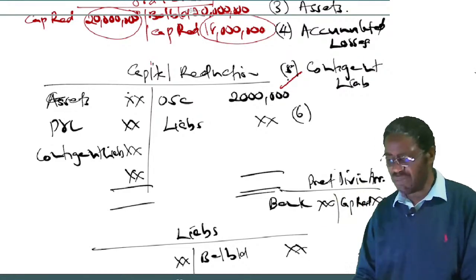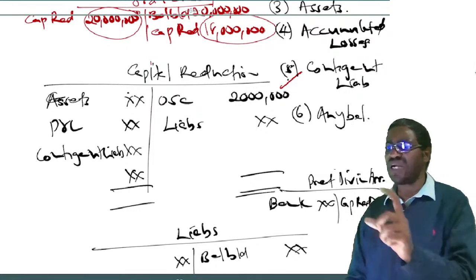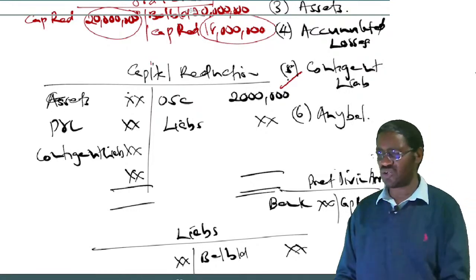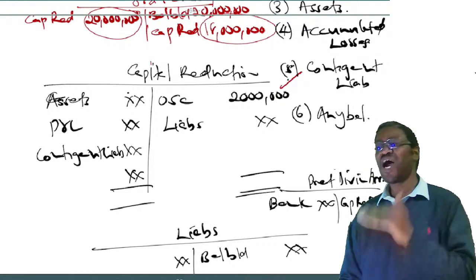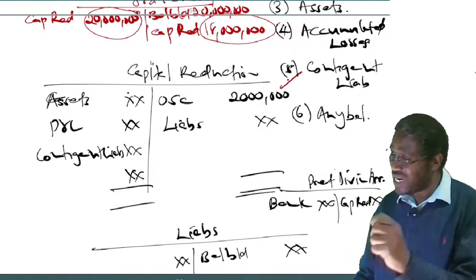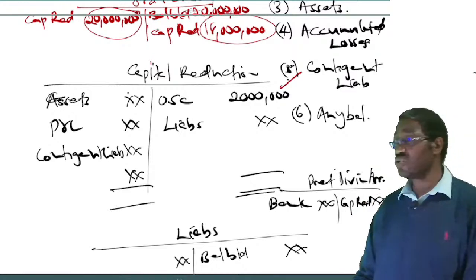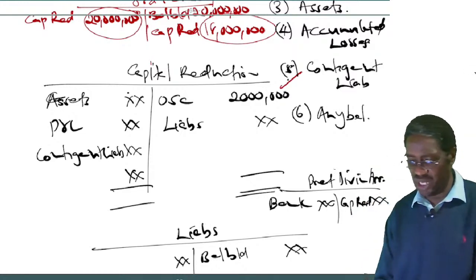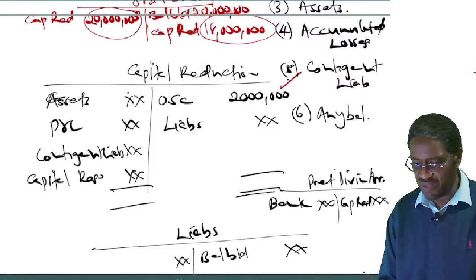And so we are saying number 6 is, with any balance remaining in the capital reduction account, that balance we normally consider as a capital reserve. With any balance remaining in the capital reduction account, that balance should be considered as a capital reserve. So what do you do? You debit capital reduction and you credit capital reserve.